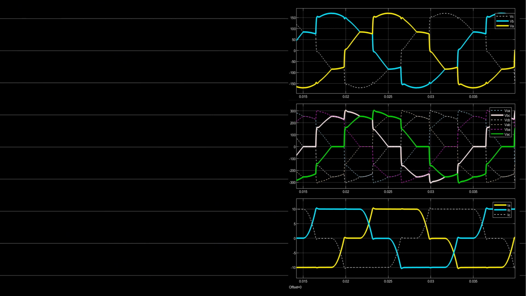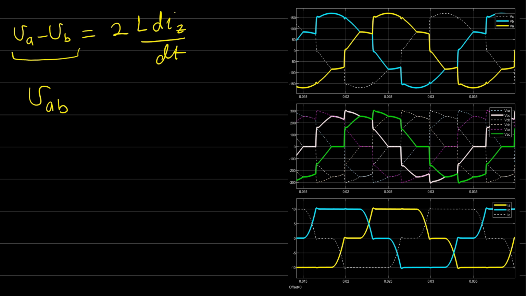Again, rearranging the voltage, here we have VA minus VB equals 2 L dIZ over dt, the commutation current. And VA minus VB is the line voltage by definition. So this is VAB, the line voltage, equal to 2 L dIZ by dt.